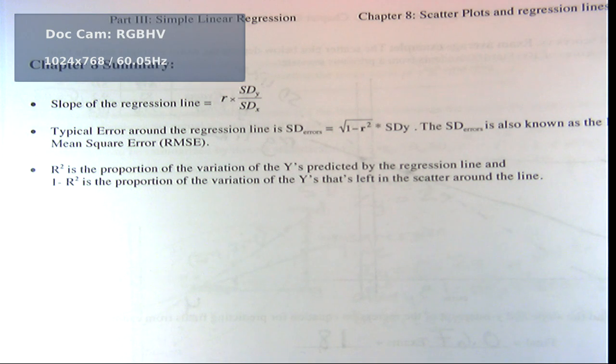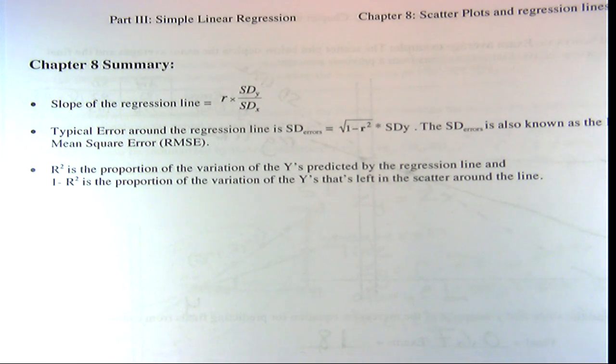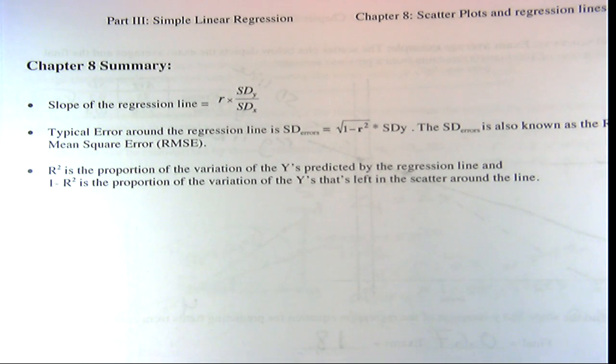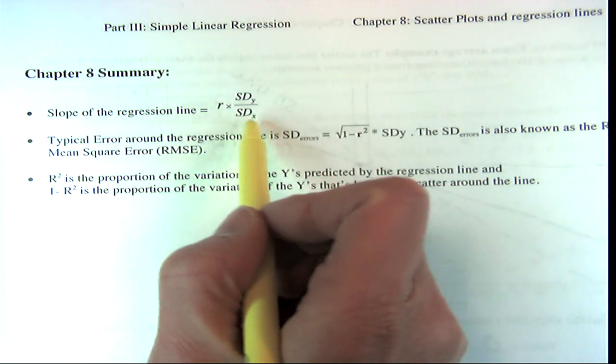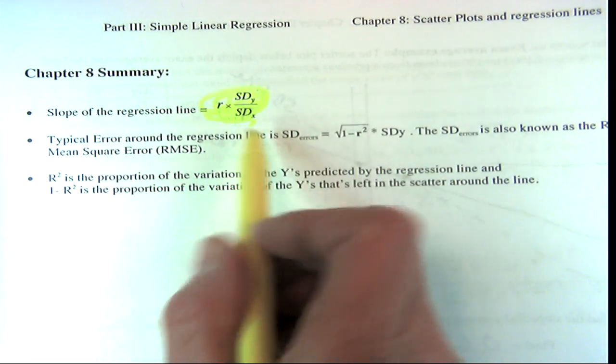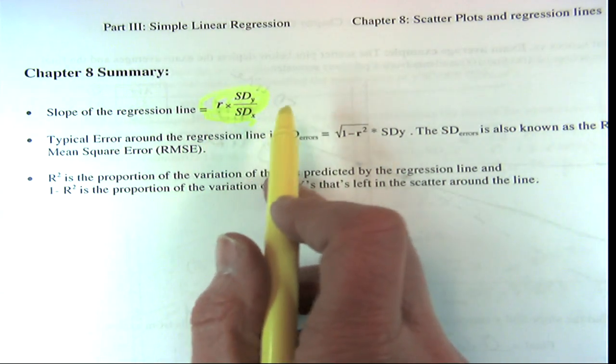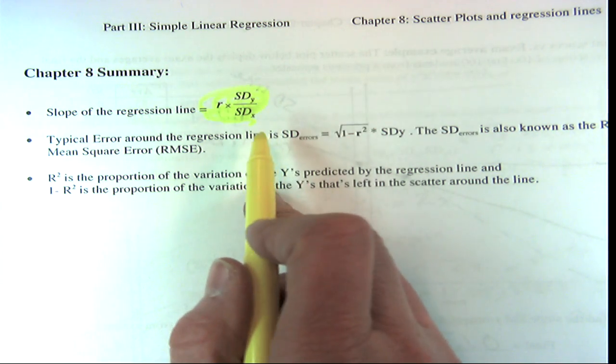It was on page 32. We didn't complete the summary for simple regression. You need to know for the exam, so commit this to memory: the slope of the regression line is the correlation coefficient, R, times the ratio of the standard deviation of y to x.